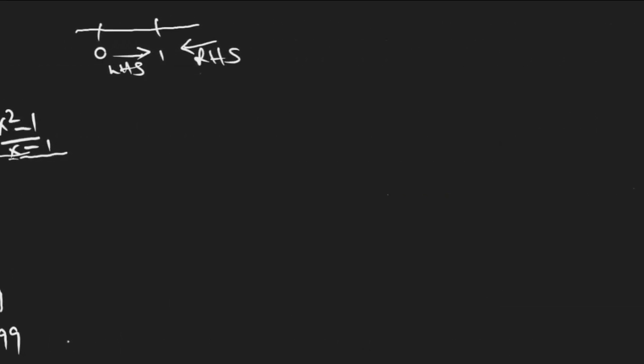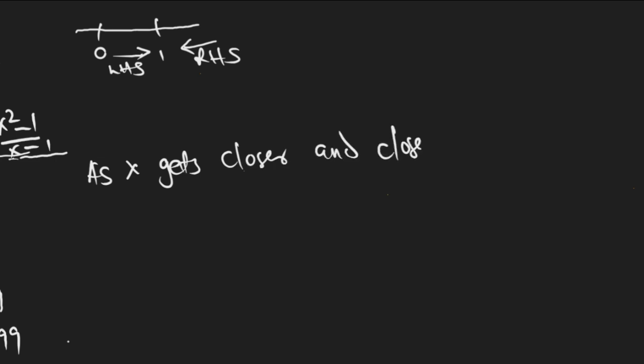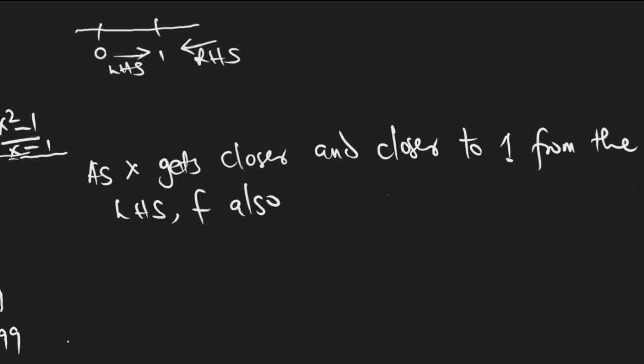So from this table, we notice that as x gets closer and closer to 1 from the left hand side, f, which is a function, also gets closer and closer to 2.